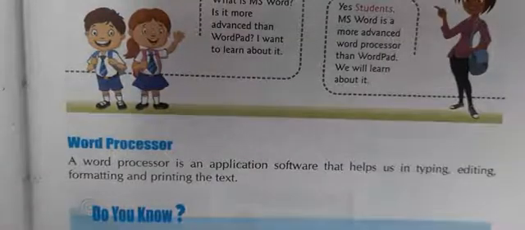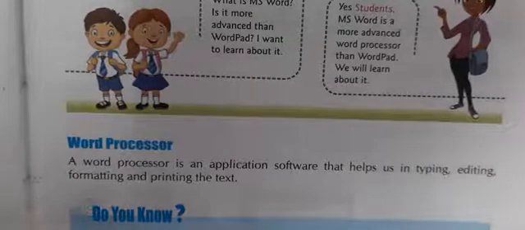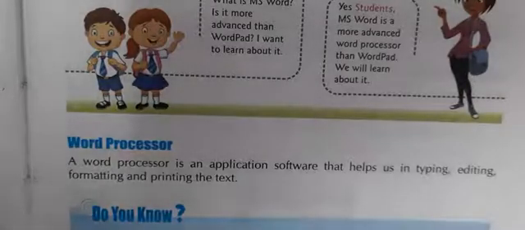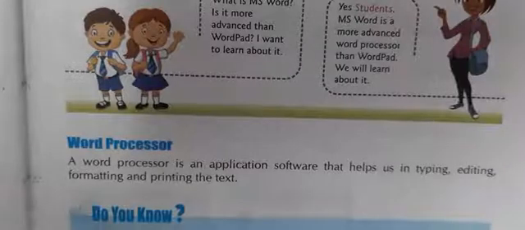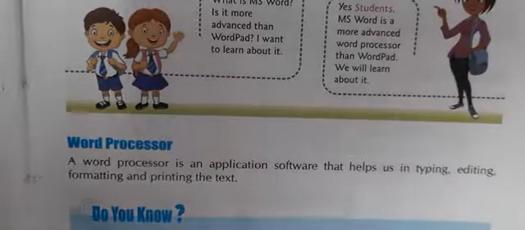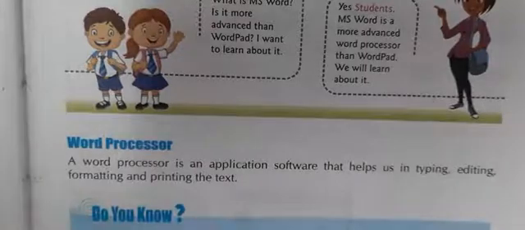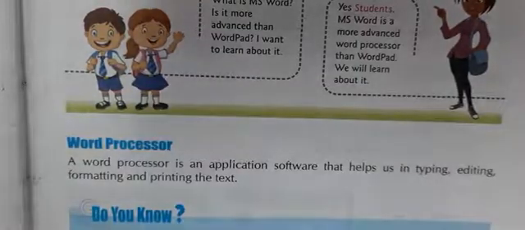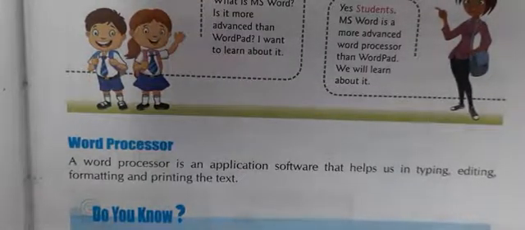But if we are typing in MS Word, we can type, then later on we can edit the data and we can format the data. Formatting means how we can change the appearance of the text, and we can print the text also. So a word processor helps us in typing, editing, formatting and printing the text, and MS Word is a word processor.